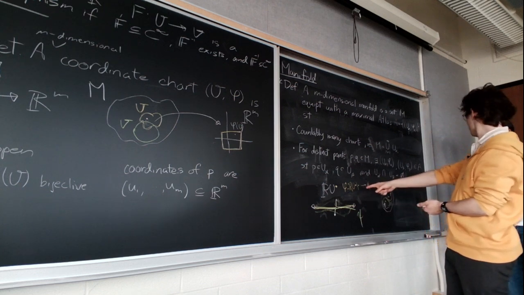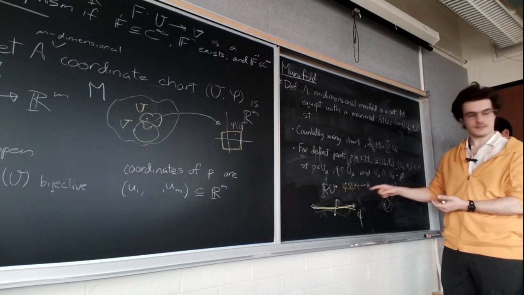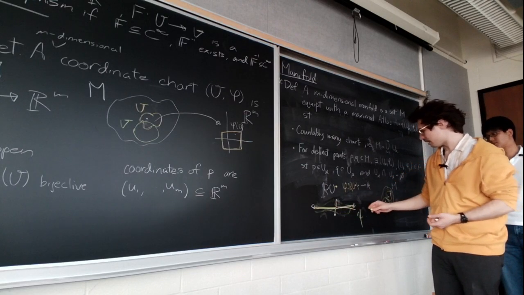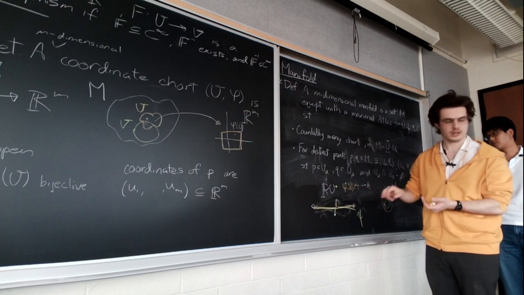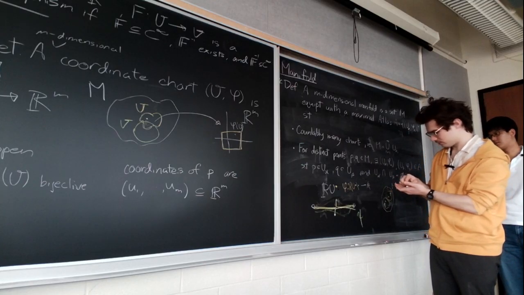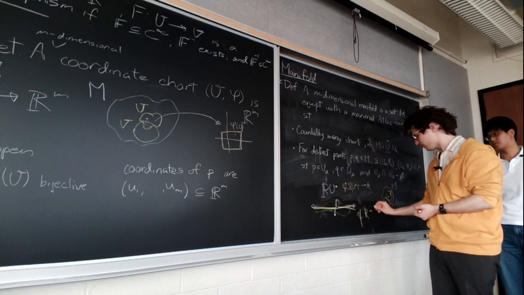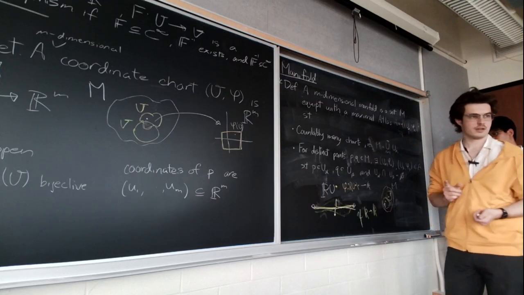That's the yellow chart. And then psi is from R without the yellow, it's just R union green, so from R to R. Do you agree?